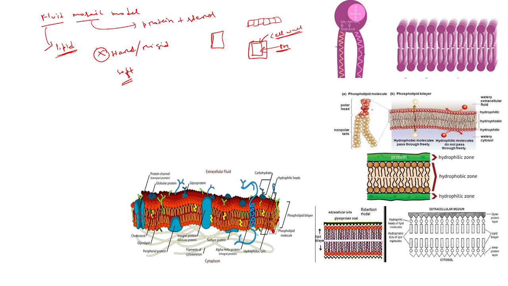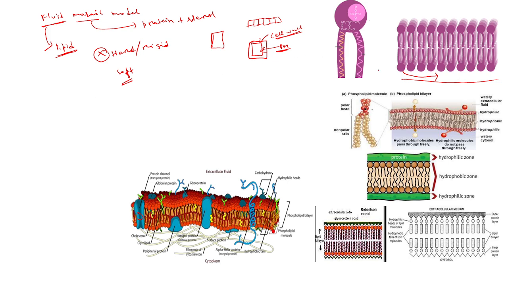Why is it called a fluid-like structure? Because it always rotates around each other. That means it is not fixed. Let us say this is the lipid bilayer structure. It is always in a movement-like structure. That means it is always moving, and that's why it is called the fluid structure.